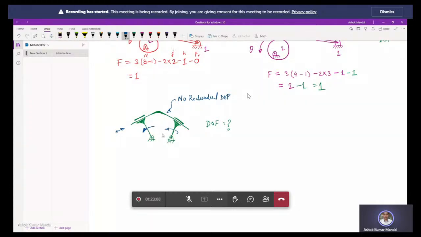Both rotations occur if you move it, so this is no more redundant, and the degree of freedom for this case is actually equal to 1, right? We stop here today.